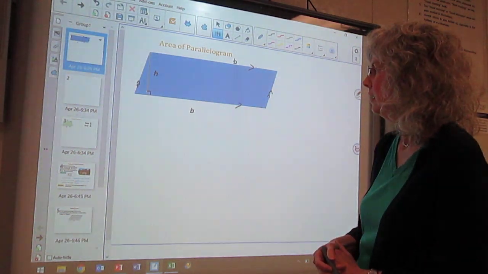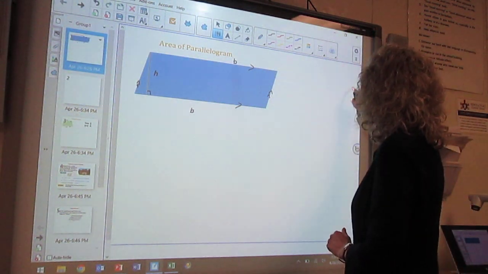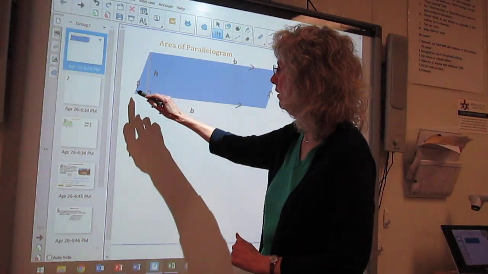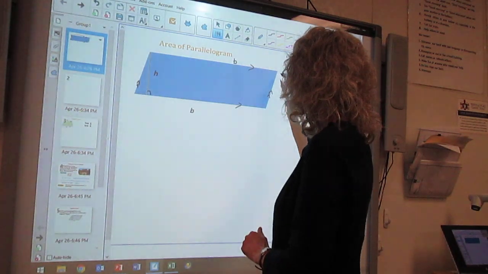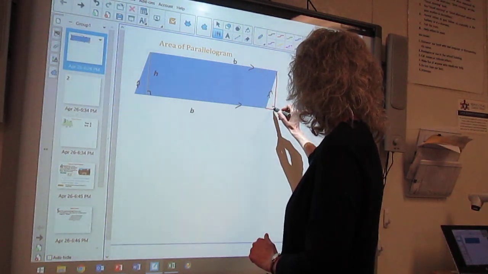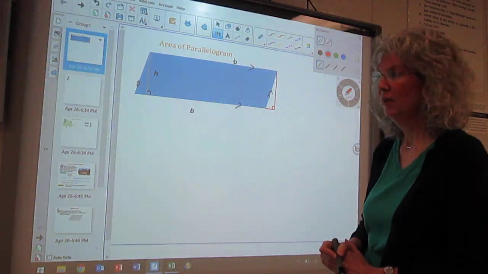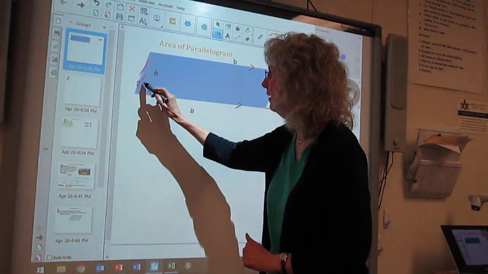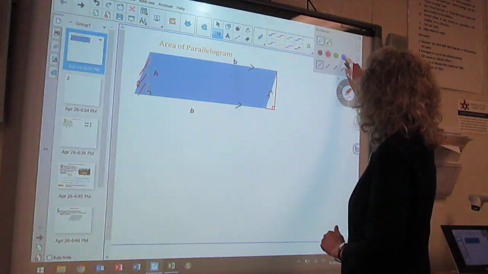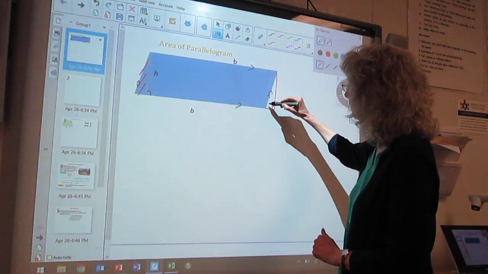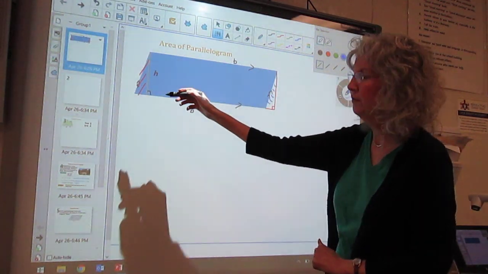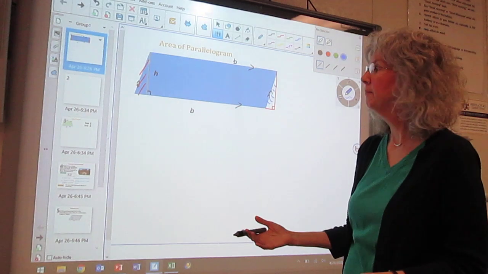Okay? Now, what happens if we take this little triangle right here and chop it off and put it right there? Well, if we take this away and we add this on, we added what we took away, so the area should be the same.